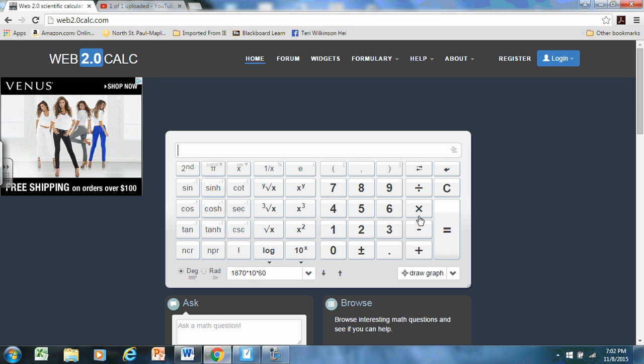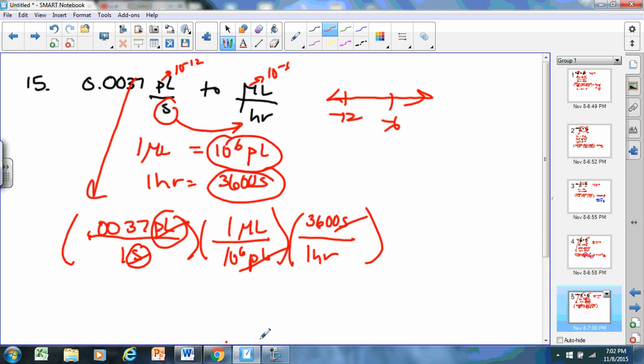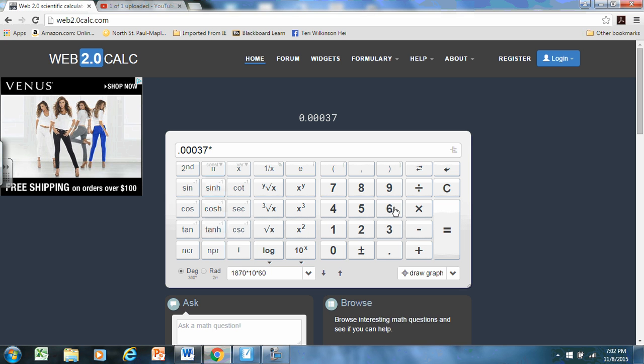So clear 0.0037 times, flipping back, 3,600, so times 3,600 divided by 10 to the 6th, enter, and I get this. Well, what do you have? 1, 2, 3, 4.